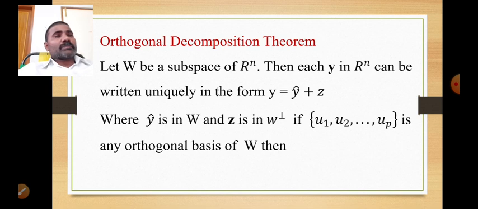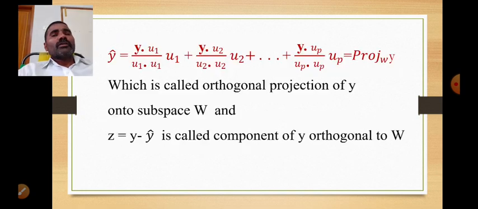Here the subspace is spanned by u1, u2, up vectors. That's why the orthogonal projection is given by y cap equals y dot u1 by u1 dot u1 into u1, plus y dot u2 by u2 dot u2 into u2, plus and so on, up to y dot up by up dot up into up.